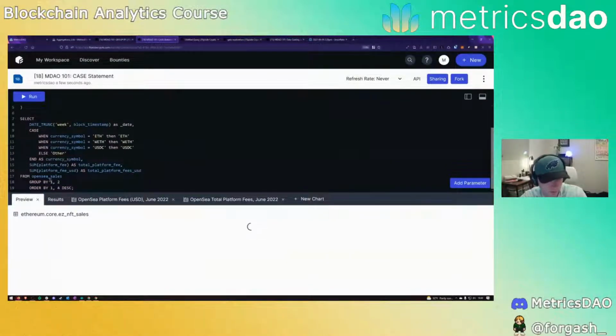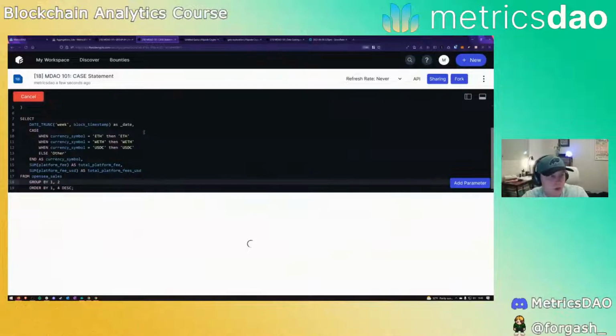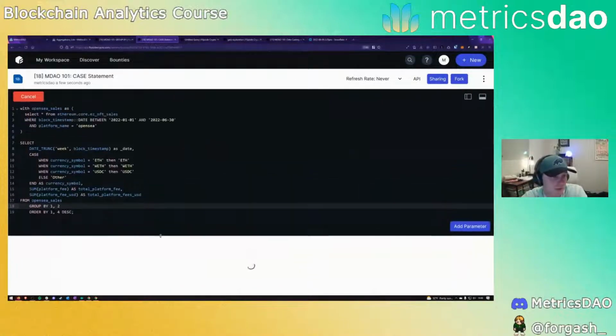That should be all that we need to change there. We're still going to group by and order by, and these will be the same exact results. So even though the query looks different, it's just taking 2 parts instead of 1 part.